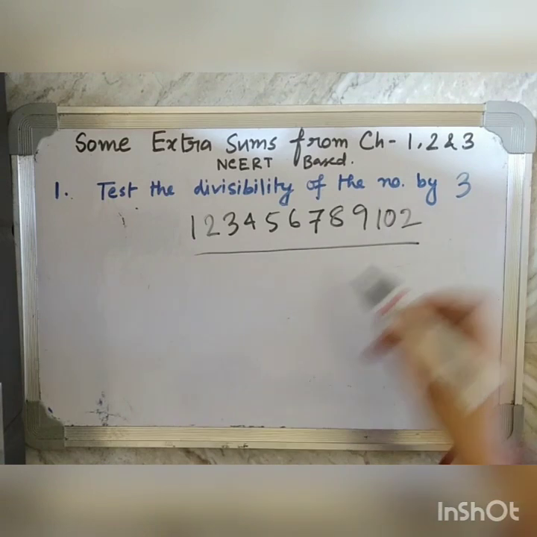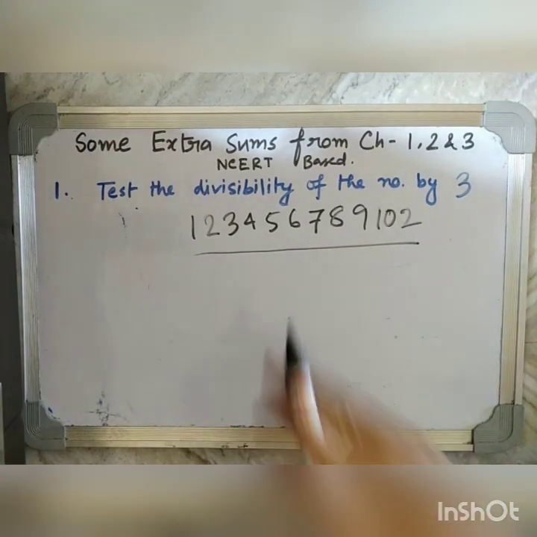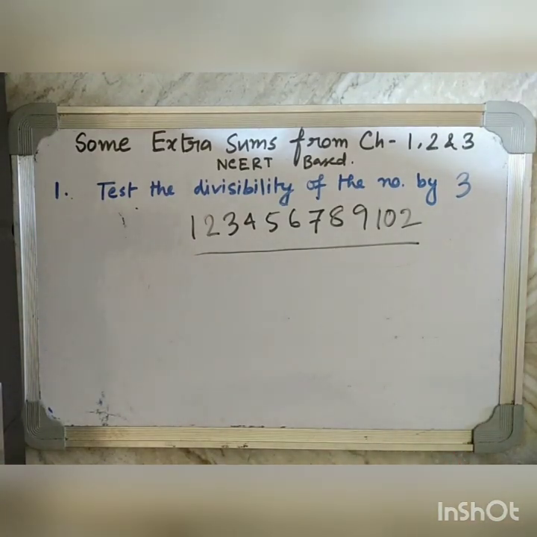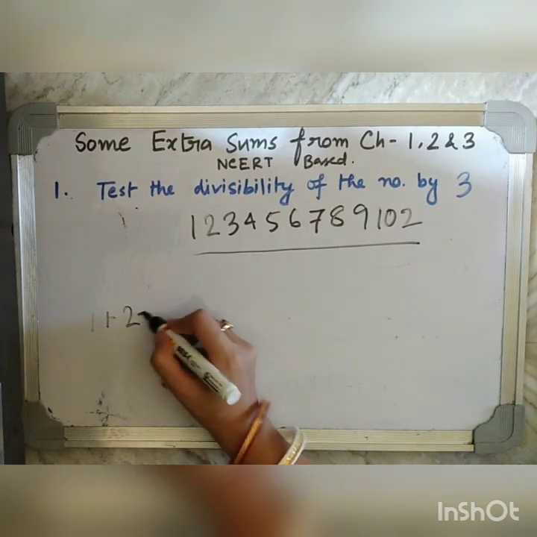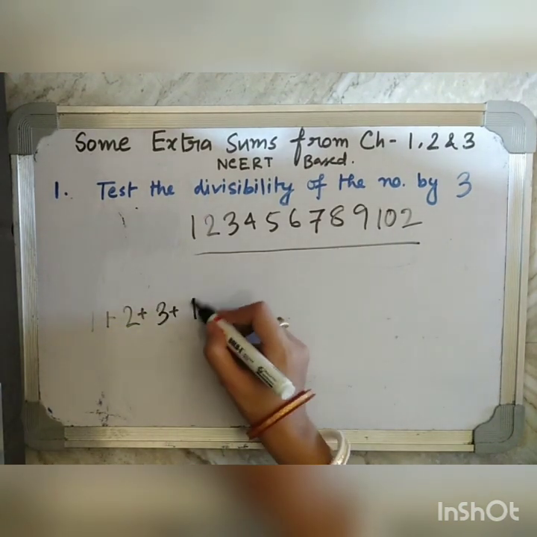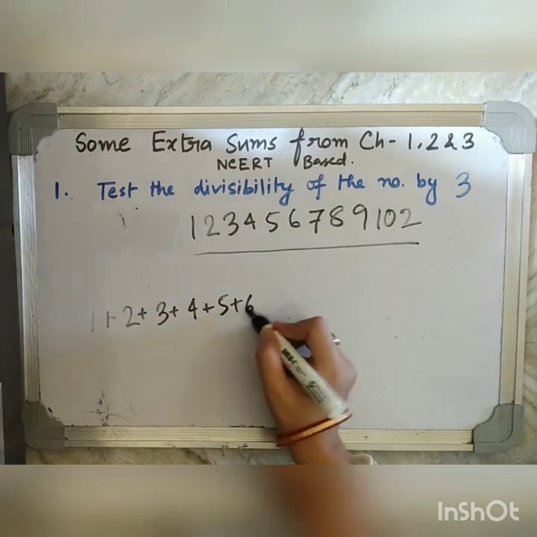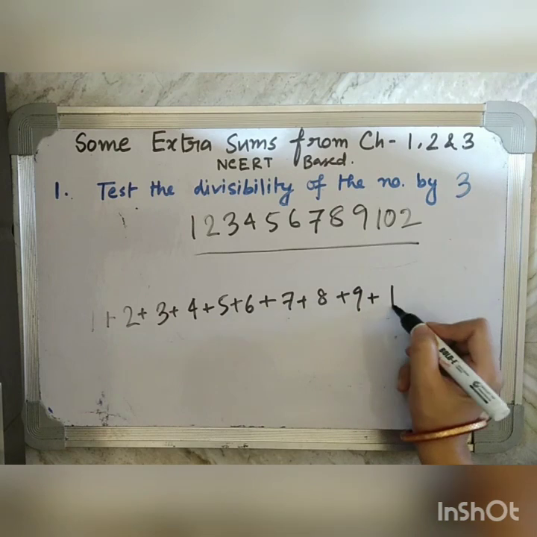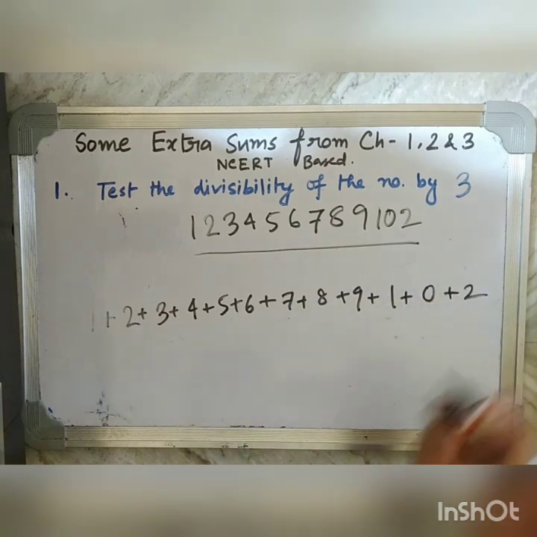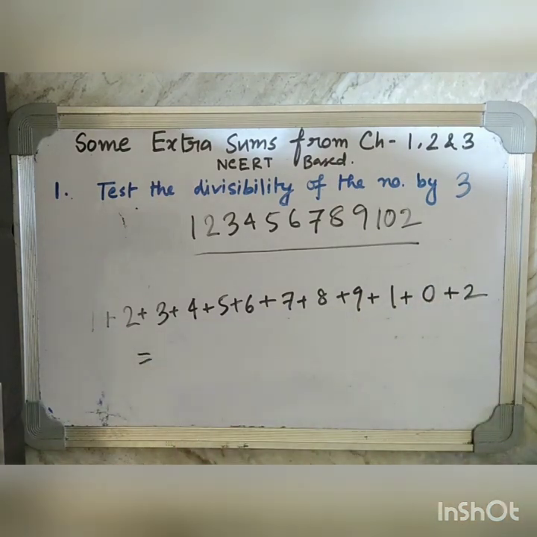Whatever digits are there in the given number, we first have to add them all. Let's add them. 1, 2, 3, 4, 5, 6, 7, 8, 9, 1, 0, 2. First add all these.